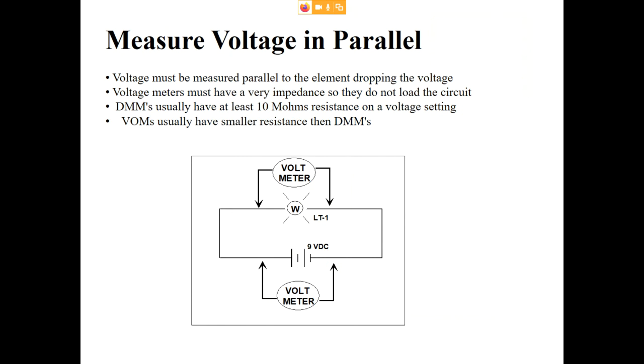If you connect the voltmeter in series, what will happen is the voltmeters have a very, very large resistance. So if you interrupted the circuit and tried to inject the voltmeter in series, it's got this really, really large resistance, which is going to oppose any current flow, and you basically get nothing.